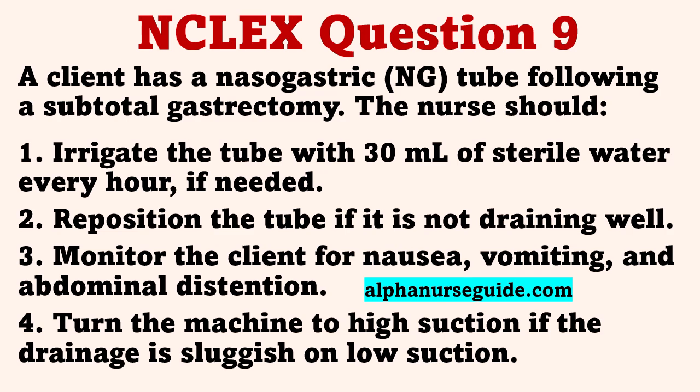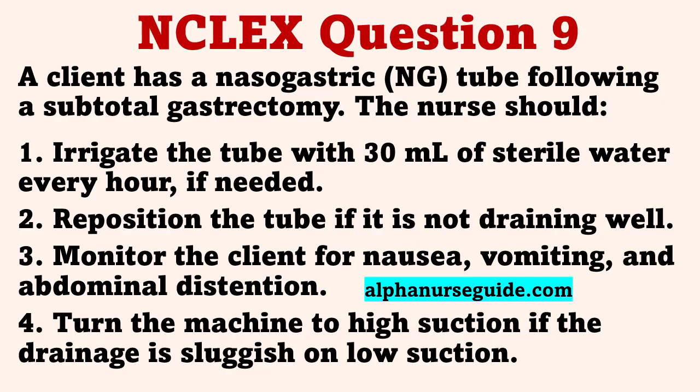The correct answer is 3. Nausea, vomiting, or abdominal distension indicates that gas and secretions are accumulating within the gastric pouch due to impaired peristalsis or edema at the operative site and may indicate that the drainage system is not working properly. Saline solution is used to irrigate NG tubes. Hypotonic solutions, such as water, increase electrolyte loss.